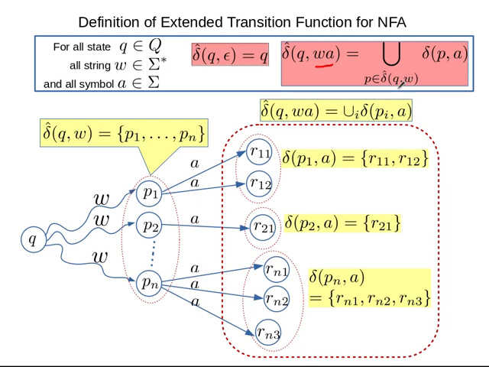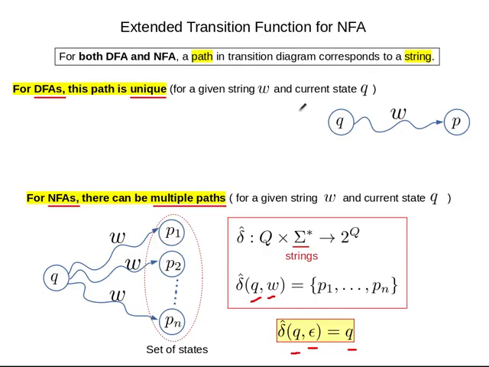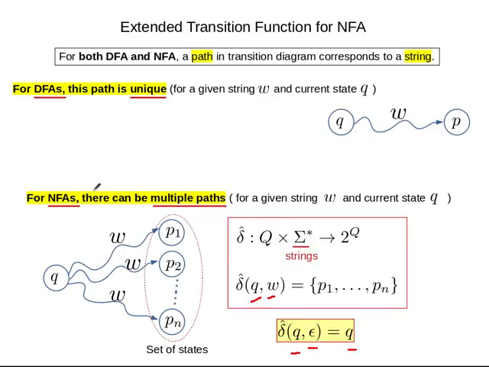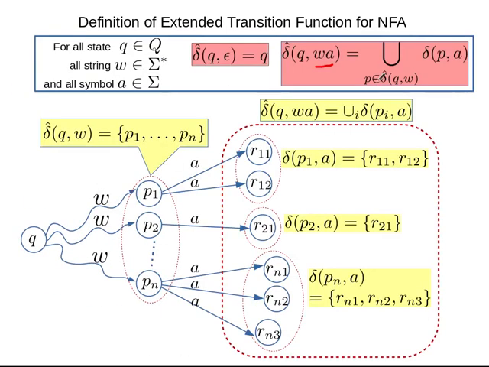You cannot just take this and apply delta over it, because delta can only be applied on a single state. Delta still operates on a single state.